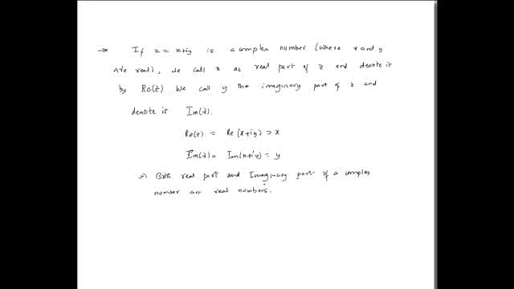The only thing is that the one attached with i is called the imaginary part. So for example, in 3 minus 7i, 3 is the real part and the imaginary part is minus 7. So this was about the real part and imaginary part. Now come to the graphical representation.